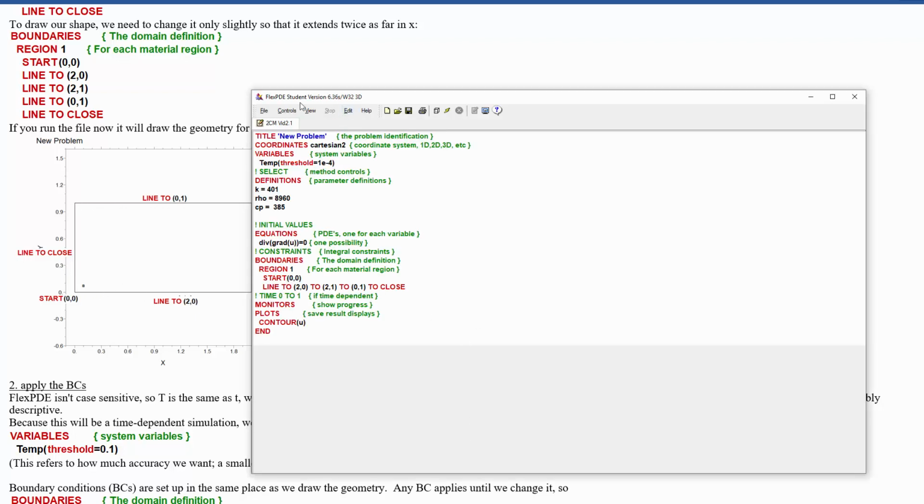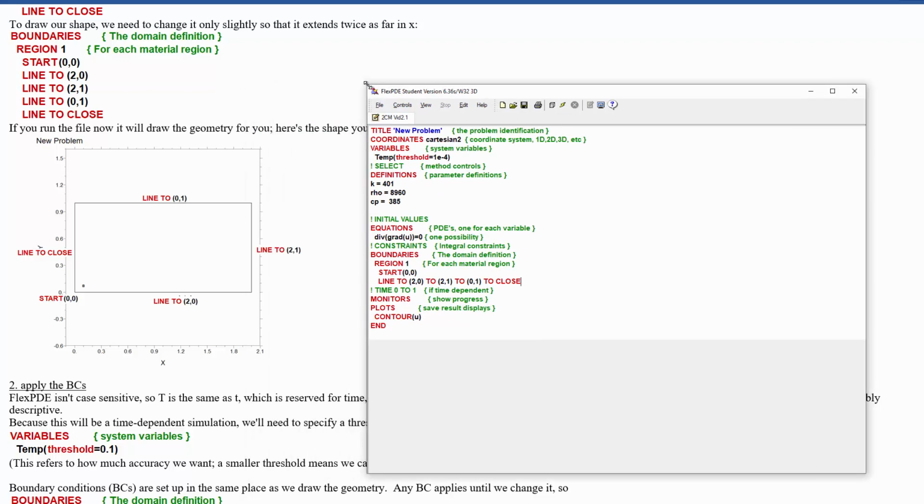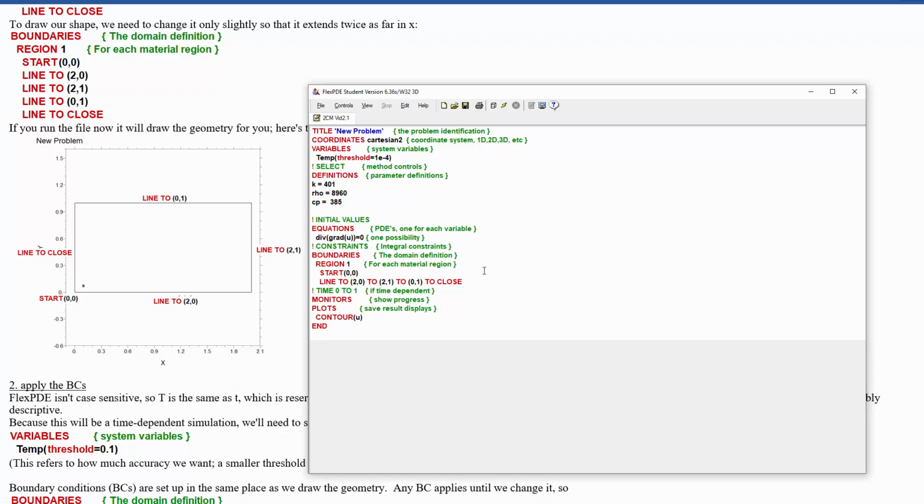Now, the way that FlexPDE works with these boundary conditions is when we write them out, they apply until we say them again. So the default boundary condition is that the load of temperature is 0. That would mean that it's insulating on the bottom, and that's actually what we want for the bottom. So let's just say nothing for that right now. We'll spread this out and write the geometry in a little bit of a different way.